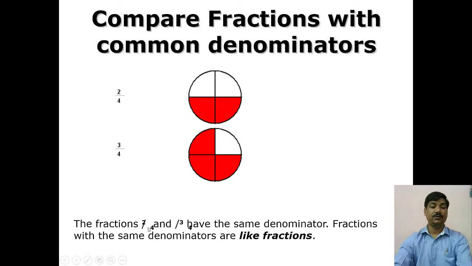The fractions 2 upon 4 and 3 upon 4 have the same denominator. Fractions with the same denominator are like fractions. So in this way, these are like fractions.